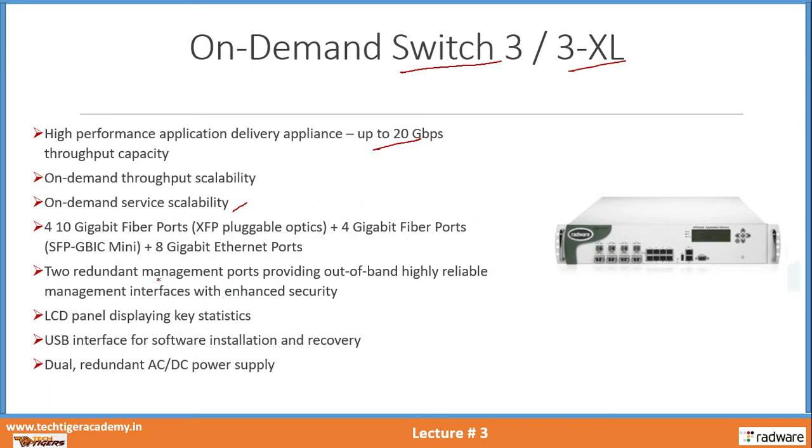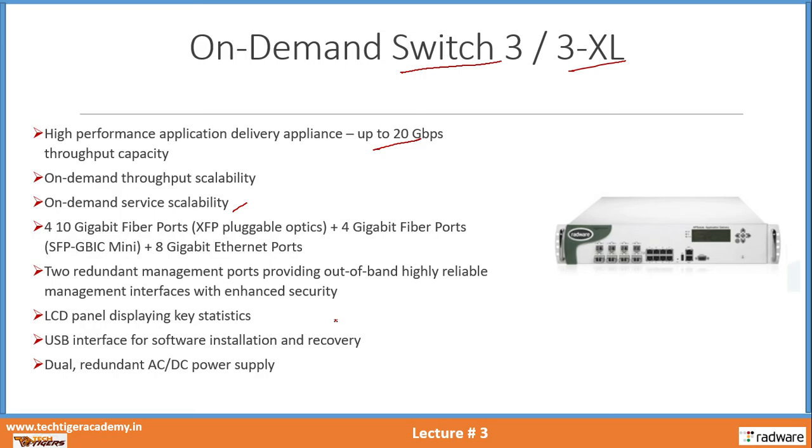They have two redundant management ports providing an out-of-band and highly reliable management interface, in case you lose the LAN connectivity and want to connect your device out of band. It has an LCD, a USB interface, and a dual redundant power supply as well. So these are very highly optimized appliances.